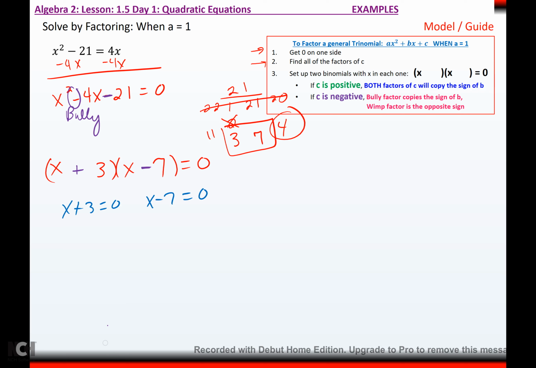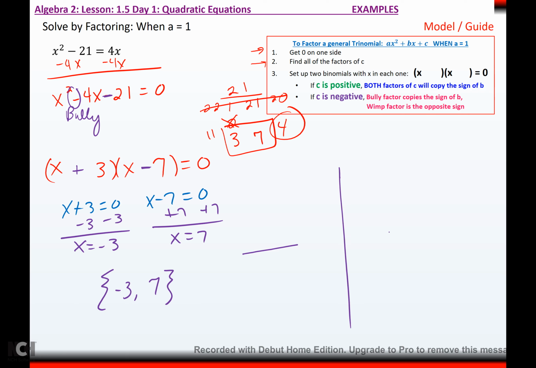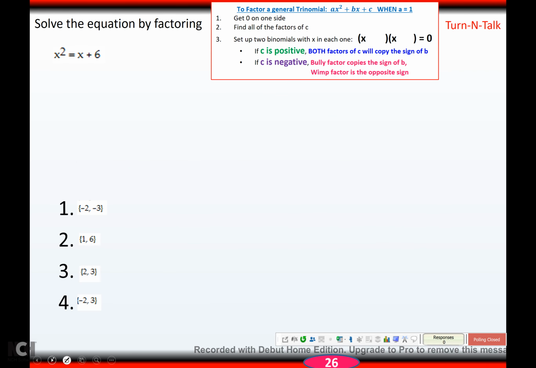To solve, minus 3, I get x equals negative 3. Add 7, I get x equals 7. So my two solutions are negative 3 and 7, which means this parabola crosses the x-axis at negative 3 and 7. Pretend I hit the intercepts. Alright, you try one, hit pause and give it a shot.